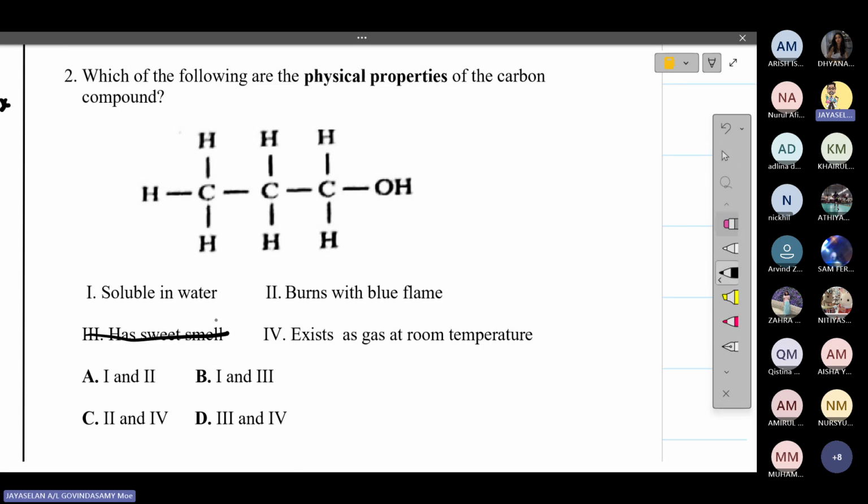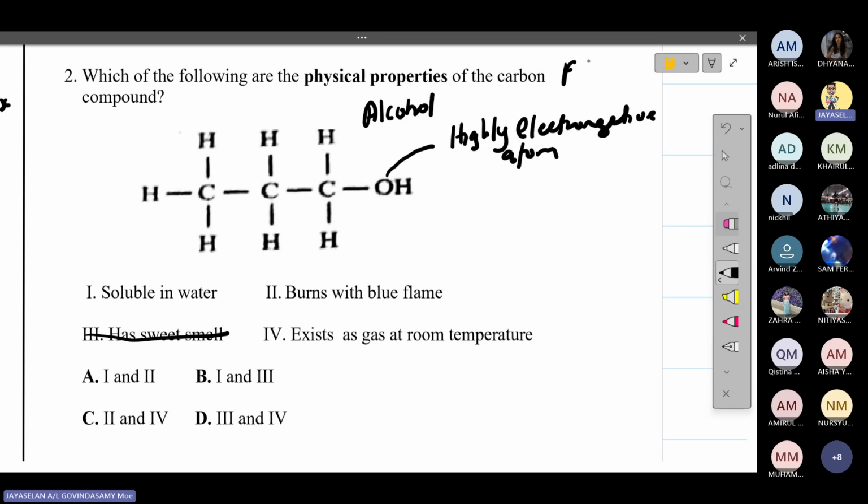As sweet smell cannot, because this belongs to what homologous series? Alcohol, bonded with what? Please remember, highly electronegative atom, FON. That means alcohol exists as gas, also cannot. So soluble in water. They are known as miscible in water. They are known as biofuel. Okay, blue flame. So answer very good, Abidin.